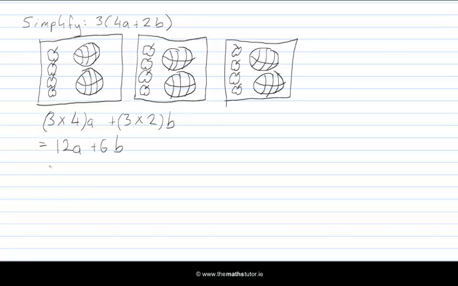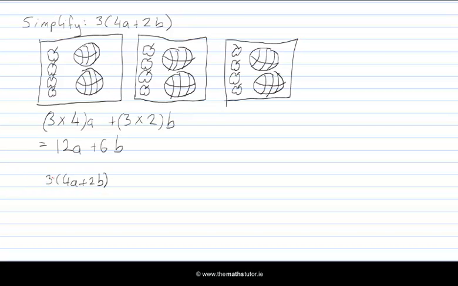Now, you don't have to draw out these boxes every time you do one of these questions. It would be incredibly cumbersome. So normally what you would see is, let's say you're starting with the 3 times 4a plus 2b again.